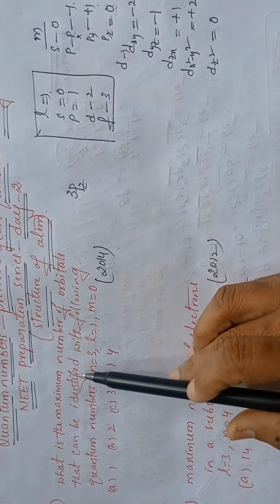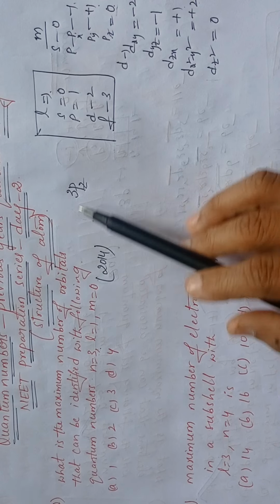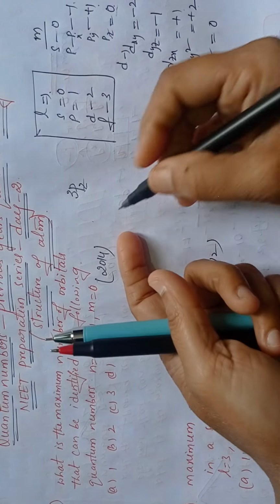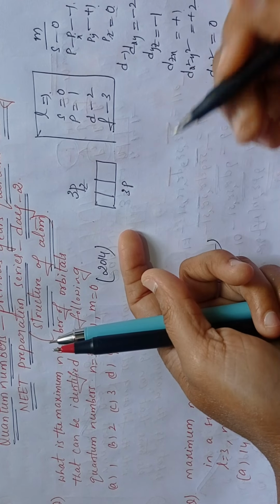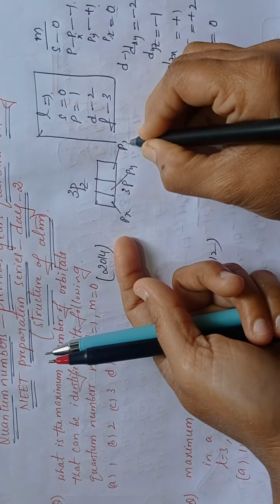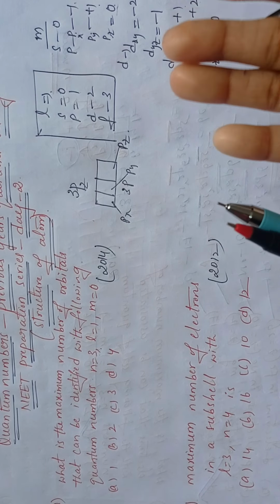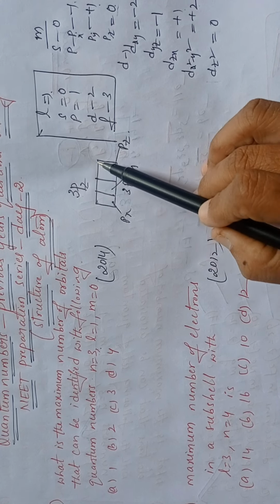What is the maximum number of orbitals that can be identified with the following? How many orbitals are possible in 3pz? This is 3p: this is px, this is py, this is pz. In pz, how many orbitals are there? Only one orbital is present.